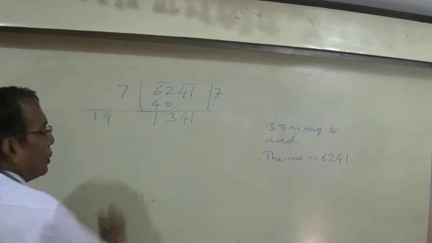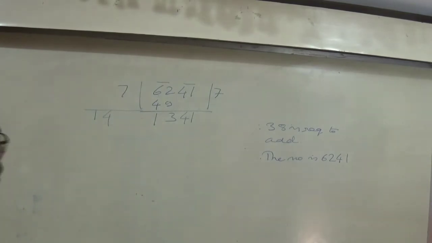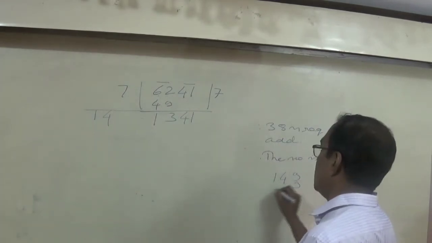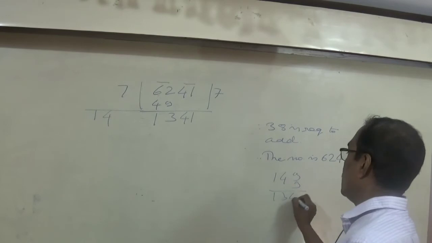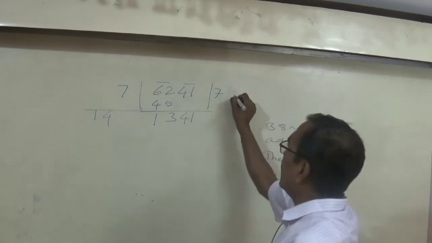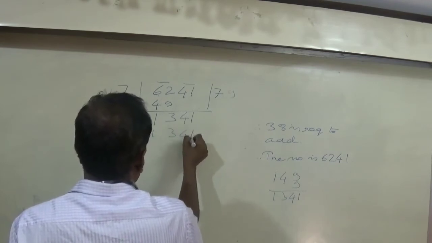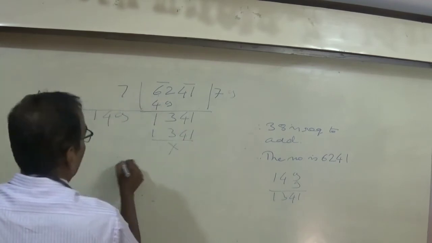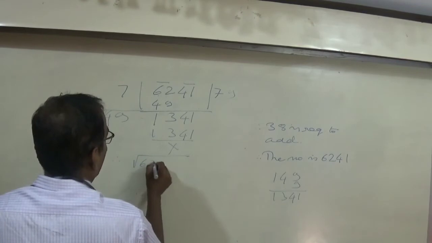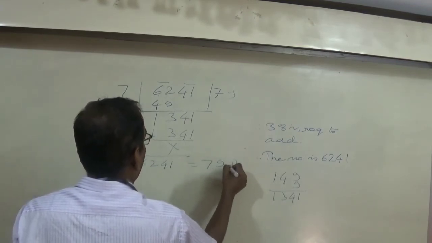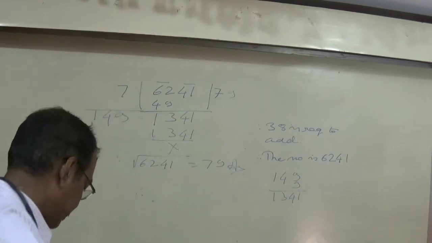It is coming 14. Now take the test, this number 14 with 9. It is coming 1341. So write here 9, and it is coming 1341. So the square root of 6241 is equal to 79, and that will be your answer.